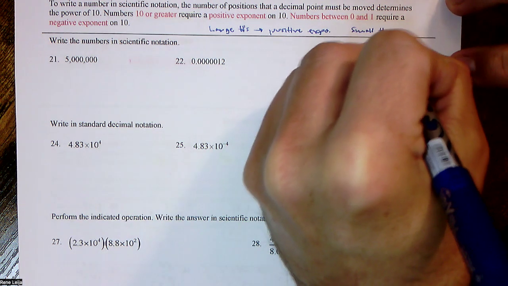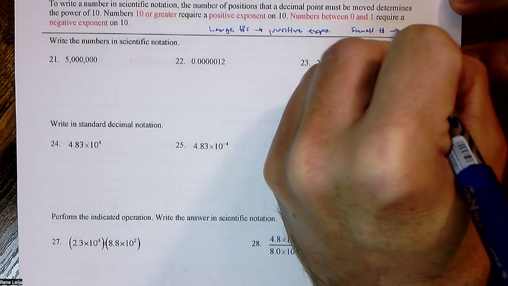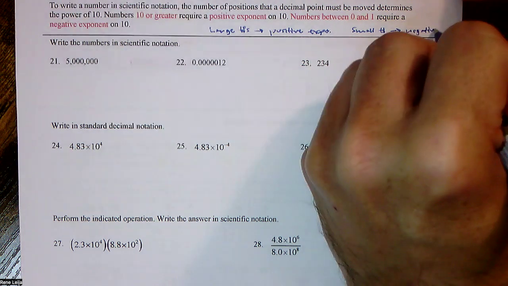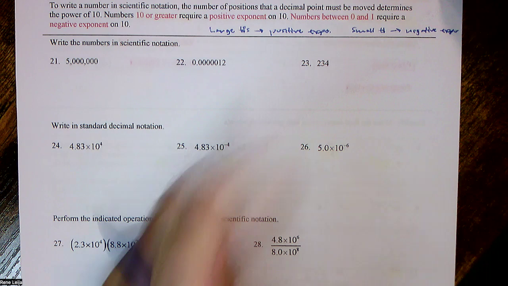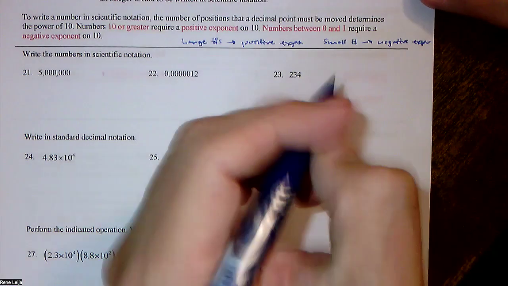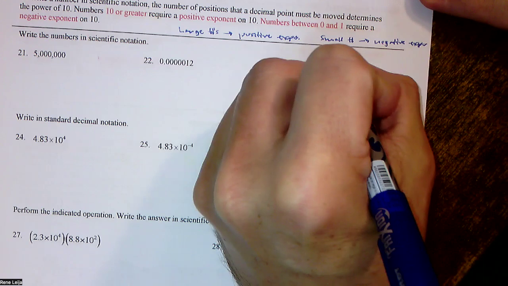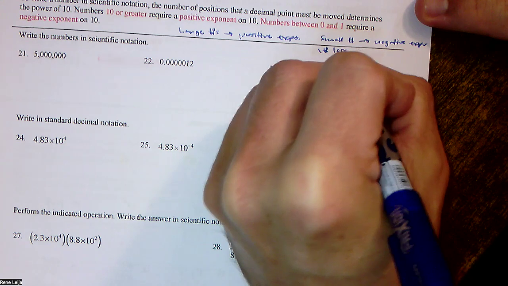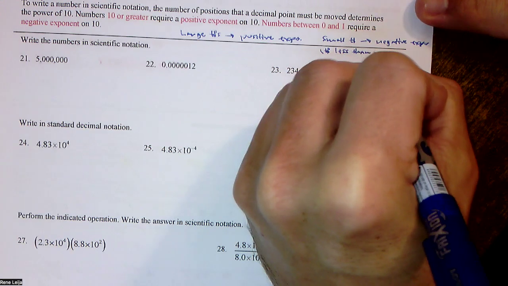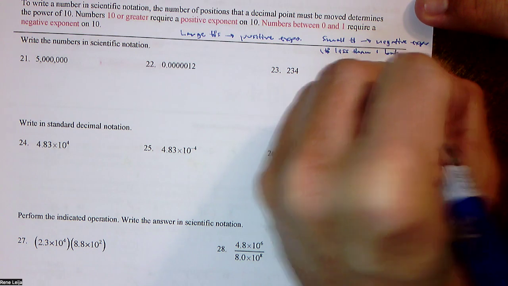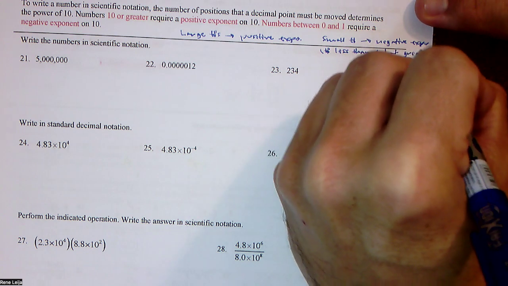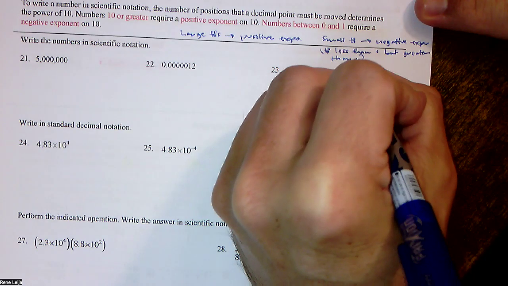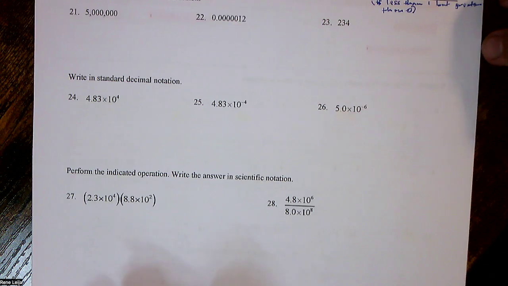Small numbers will have a negative exponent. And when we say small numbers, we're talking about numbers less than 1 but greater than 0. Those are decimals.